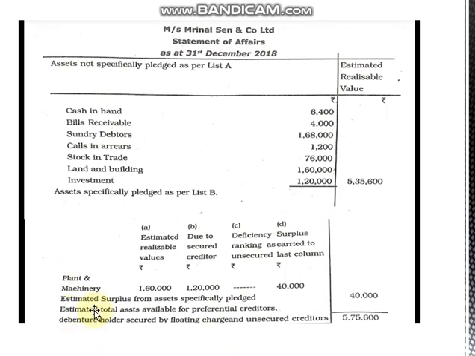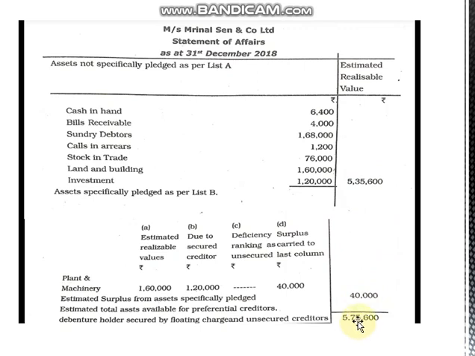And the estimated total assets available for preferential creditors, debenture holders secured by floating charge, and unsecured creditors is 5,75,600, which we will get from adding 5,35,600 plus 40,000 rupees.